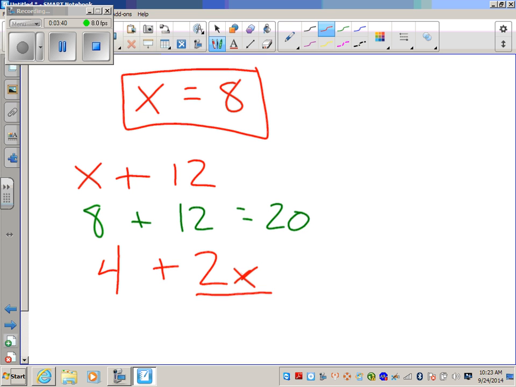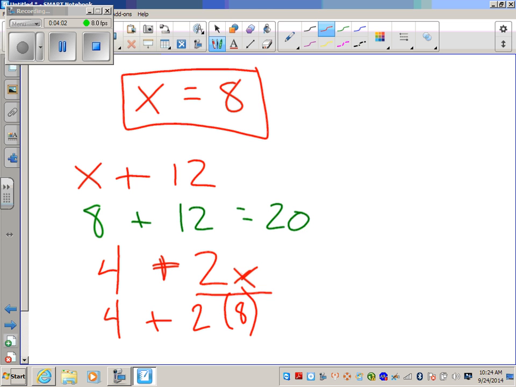It means multiplication. Now I have a choice to make. Now I have addition and multiplication in this expression. What does order of operations say I have to do first? So here's what we're going to do. We're going to rewrite and say, okay, 2x is 8.